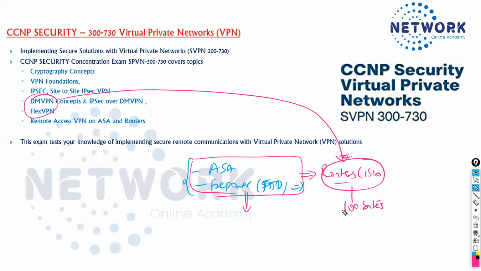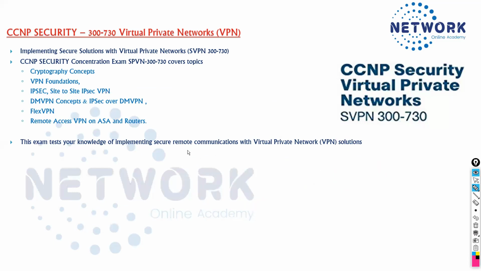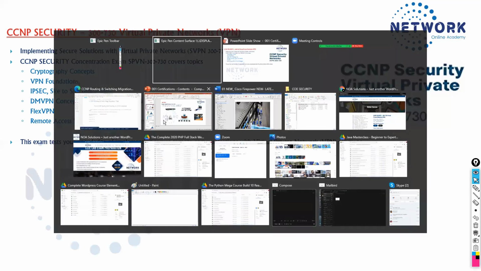The firewalls are not designed for that, so that's the reason you will be connecting with routers. But most of your remote VPNs or site-to-site VPNs, you generally configure on the firewalls as well. So overall, this paper is going to focus more on implementing your VPN options.